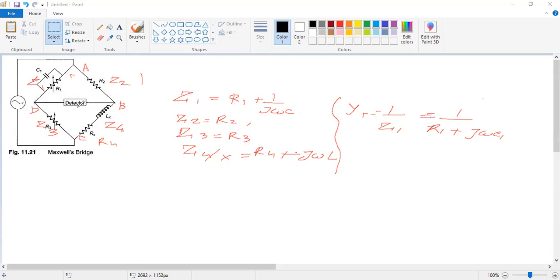At that moment, Z1 into ZX equals Z2 into Z3.